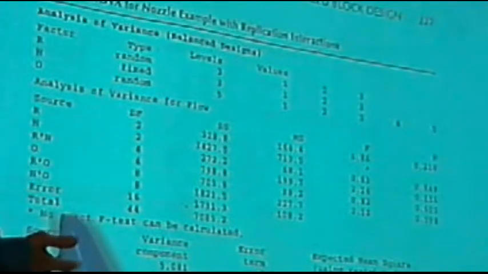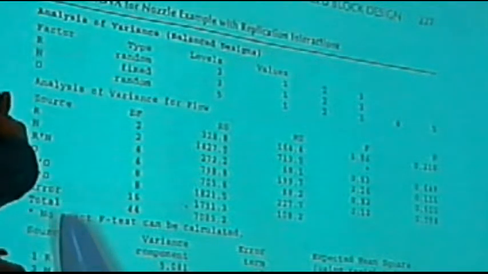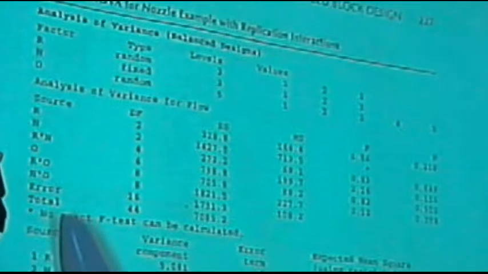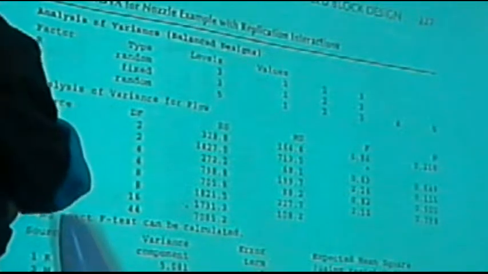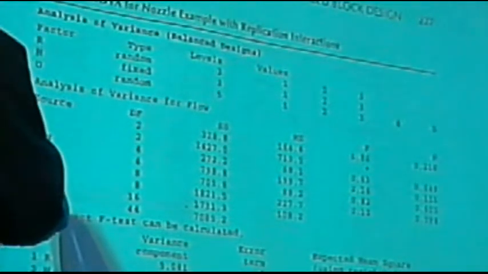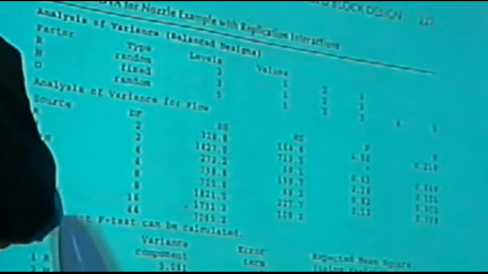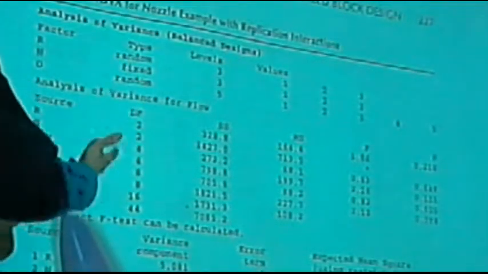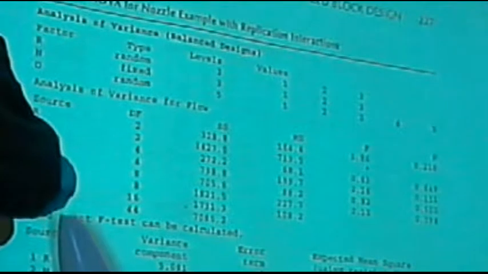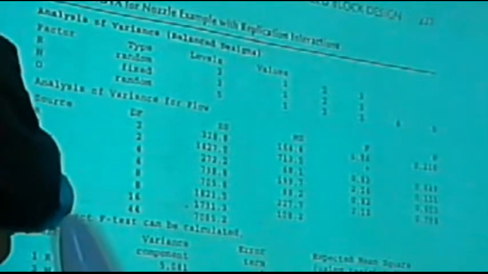So that's what you can see in comparison to the previous model. In terms of the previous model, here, they've added in RN and RO.